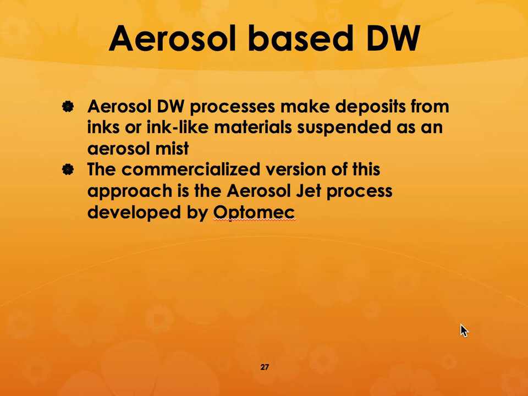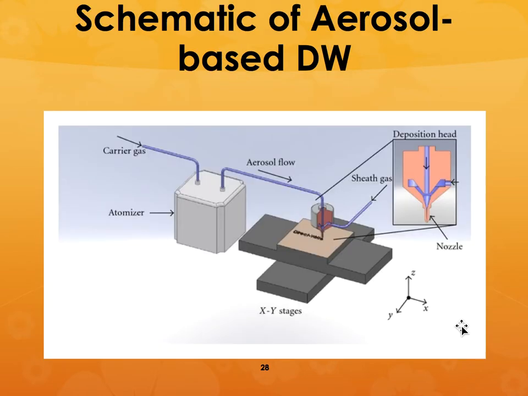The next kind is the aerosol-based direct write. In this case, these ink-like materials are suspended as an aerosol mist. An example is the aerosol jet process developed by Optomec. In this case, you have a carrier gas and an atomizer, and it goes in and deposits this material.